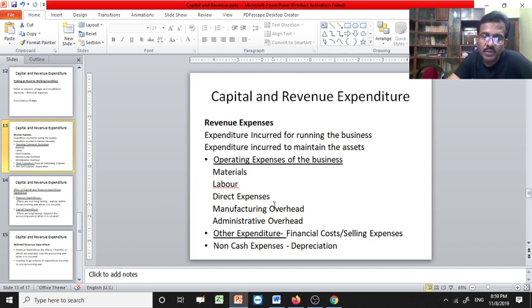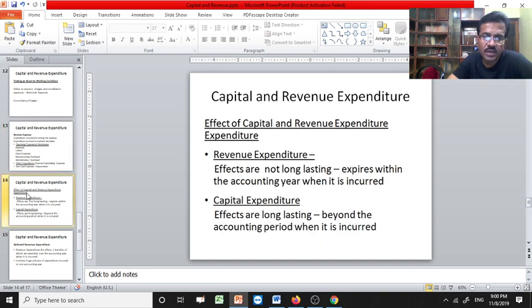Then you also have other expenses like financial cost or selling expenses, which are revenue expenditure. And you also have certain non-cash expenses like depreciation. The cost of the asset is written off over a period of years, and what you charge off to the accounts each year is called depreciation.